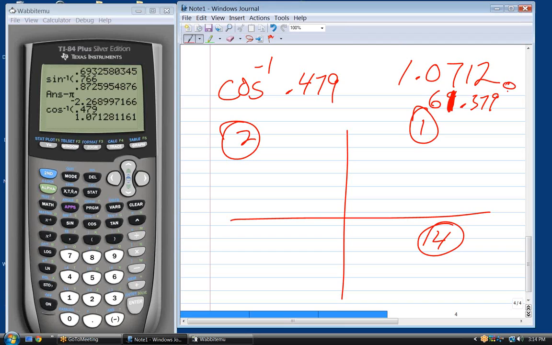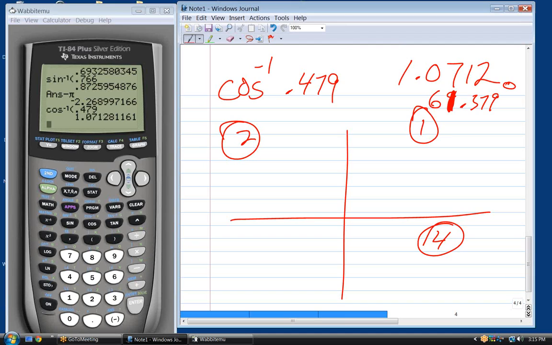Wait. What's the other angle where cosine is equal to 0.479 in the unit circle? A lot depends on the domain here that they give you. I'm not sure what they're looking for as an answer, whether they're looking for just the first quadrant answer or whether they're looking for all answers in the unit circle, or maybe in an infinite number of unit circles.